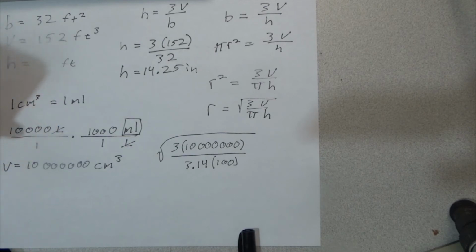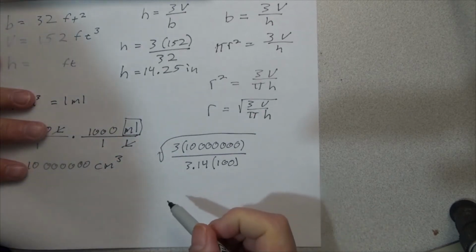So the square root of 30 million divided by 314 equals, that's really close to 310.